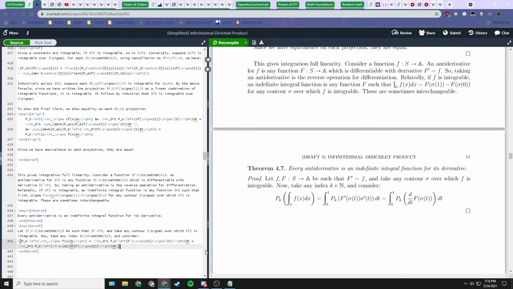Given that the d/dt is the real derivative and p sub k is linear, then we should have p sub k of the derivative is just the derivative of the p sub k projection.